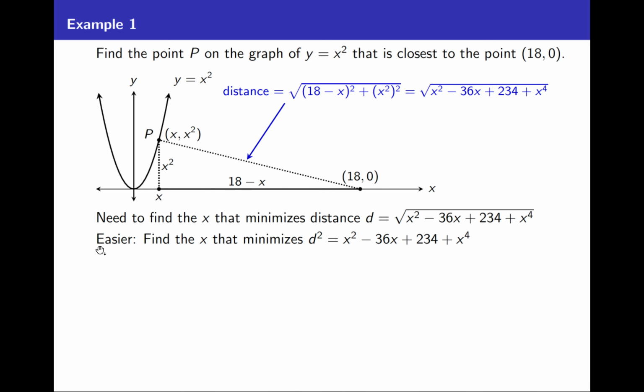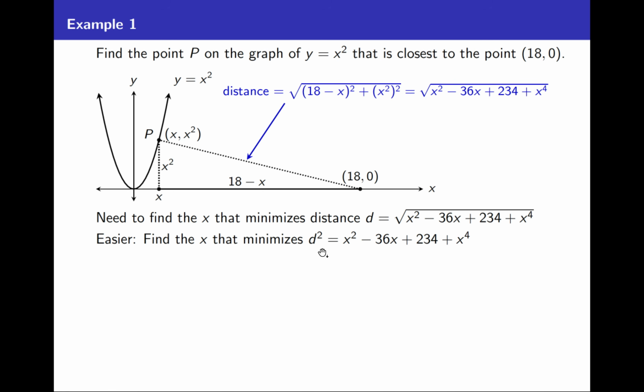So it's easier to find the x that minimizes d squared, which is x squared minus 36x plus 324 plus x to the fourth. It's easier to work with this expression because that's a polynomial, and polynomials are nice.